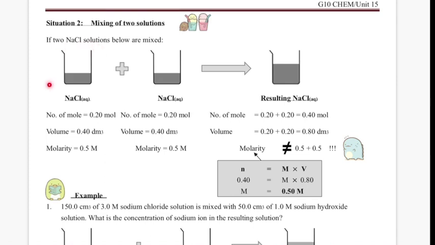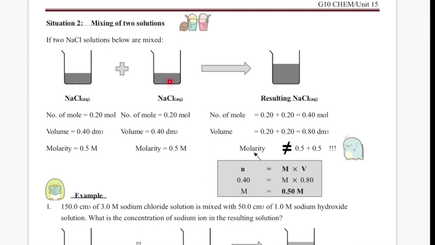We have 2 sodium chloride solutions. At the beginning, they look exactly the same. We put 0.2 mole of sodium chloride in, and then we put 0.4 dm cube of water in, and we make it 0.5 molar for both beakers.